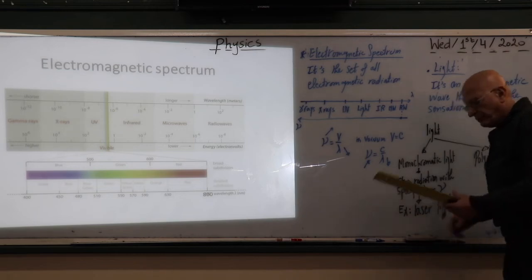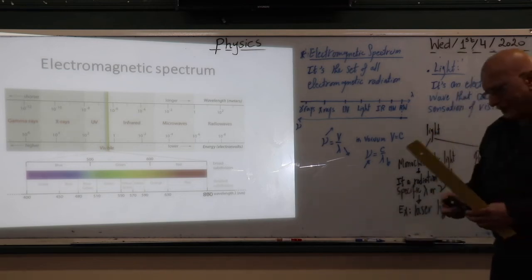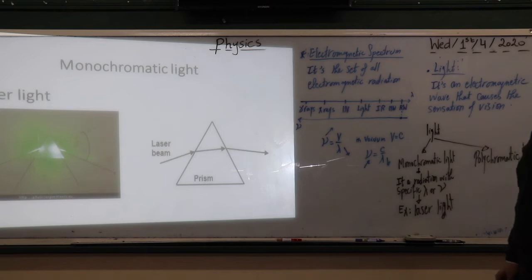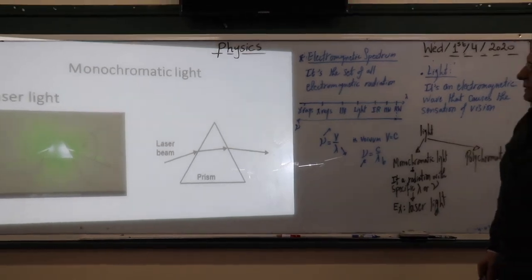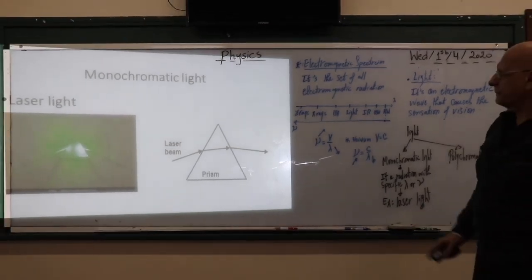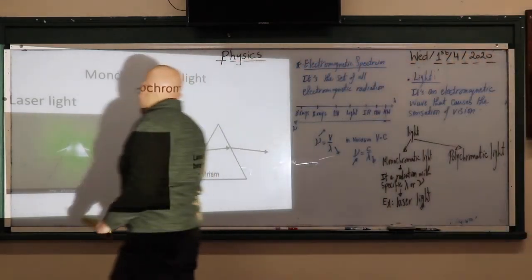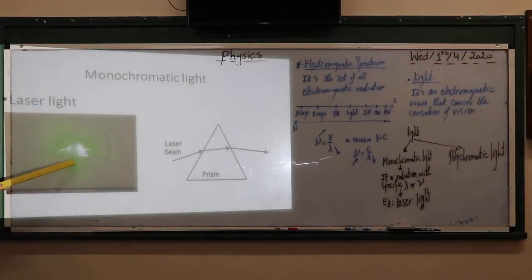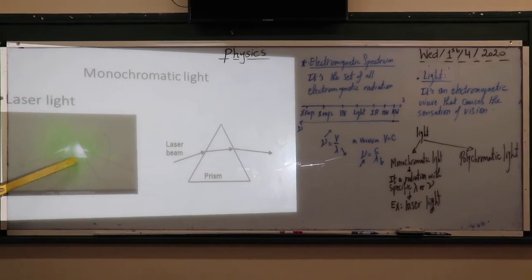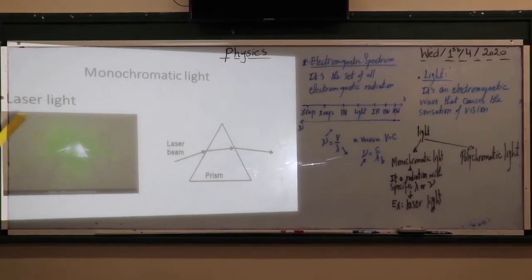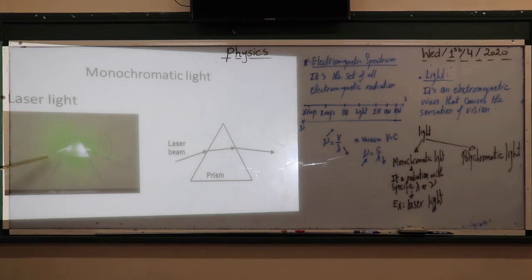For example, the laser light. Let's see why laser is monochromatic light. Look at this figure here. This is a prism, and this is a laser light. It has only one color, one radiation.